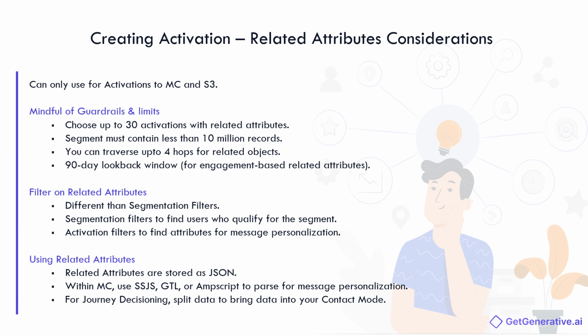Segmentation filters find users who qualify for the segment; activation filters find attributes for message personalization. Segmentation filters identify who is qualified within the segment. How many people do we want to send the information to? Activation, on the other hand, is filtered to personalize the email a bit further, like the example of high loyalty points.